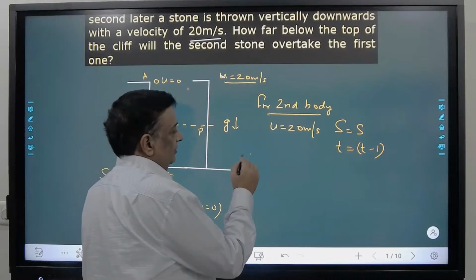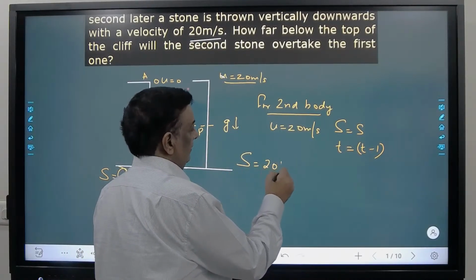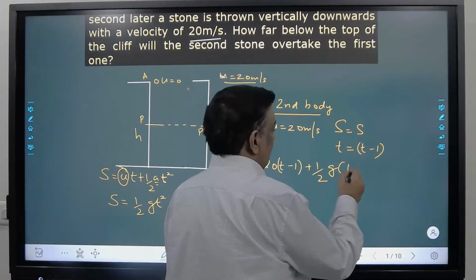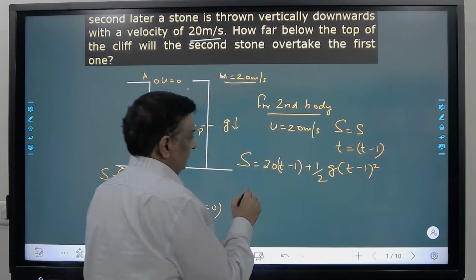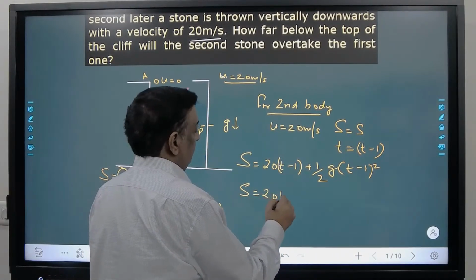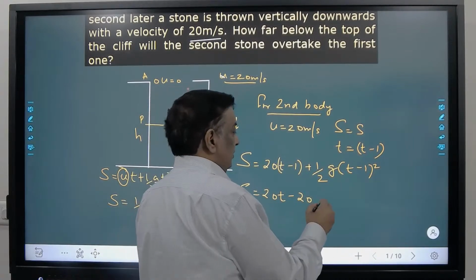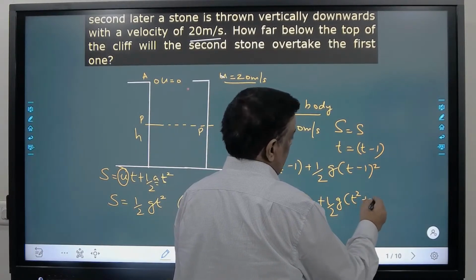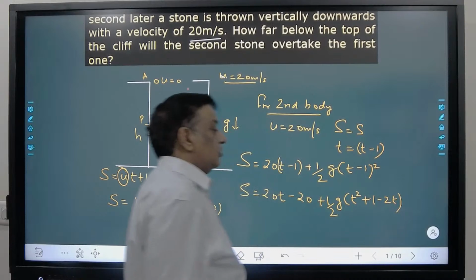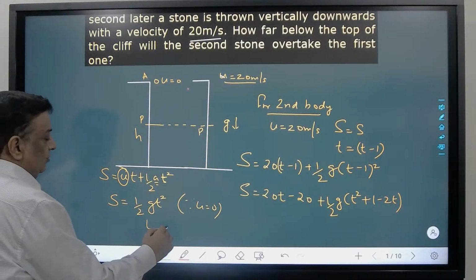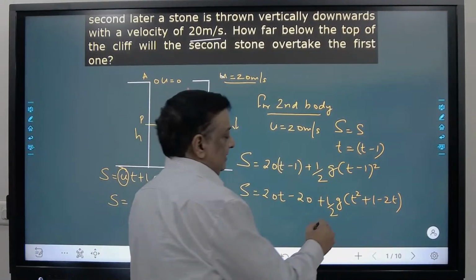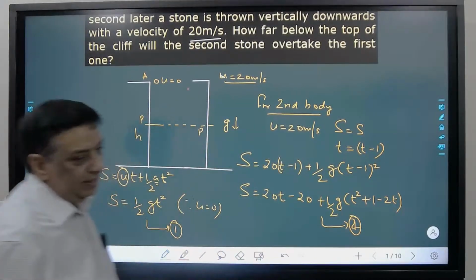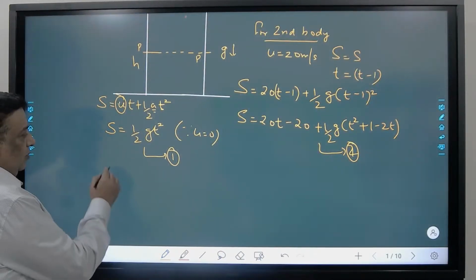So equation will be, acceleration is still the same, so 20t minus 20 plus half g (t minus 1) square. So we will get two values, one is s is equals to half g t square, other is s is this value. So you can equate these two values, first and second equation. If you equate, you will get the value of t. So equating 1 and 2.